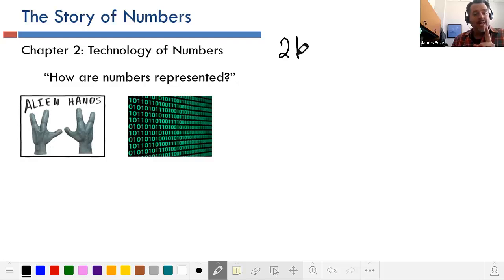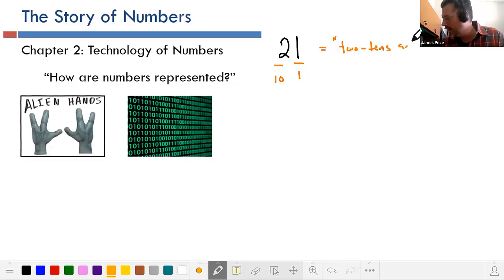But it actually has a deeper meaning. The real reason why that's 21 is because it has a 1 in the ones place and a 2 in the tens place. So this is really the same thing, you can say if you want, as 2 tens and 1 one.